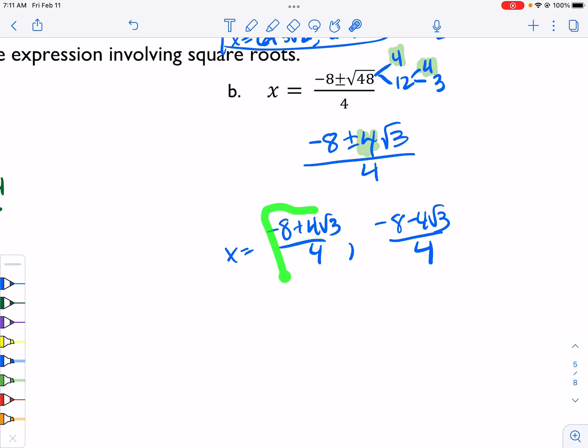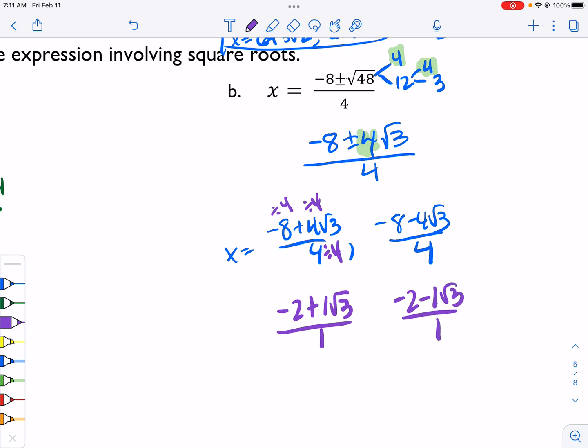So I'm looking at the things outside the root and seeing if they have a common factor. So since 4, 8, and 4 have a common factor of 4, I'm going to divide each one of those by 4. So if I divide each one of those by 4, I get negative 2 plus 1 root 3 over 1, and then negative 2 minus 1 root 3 over 1.